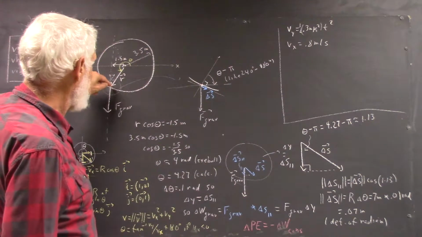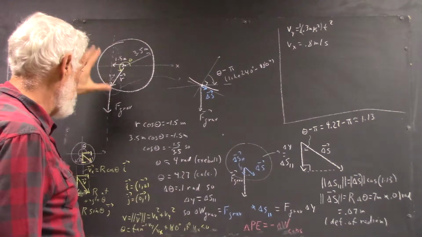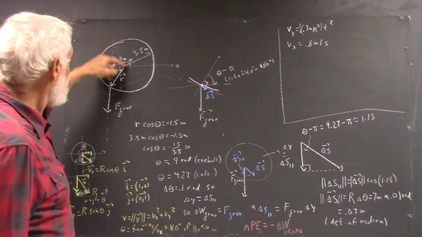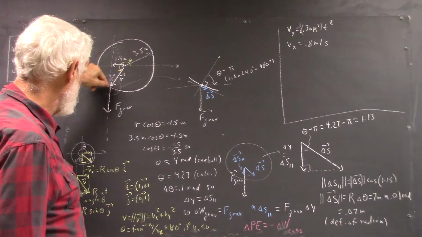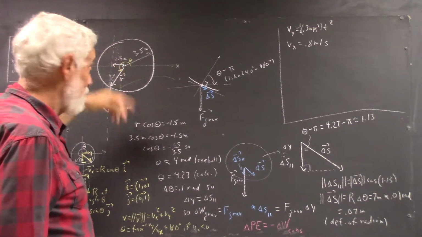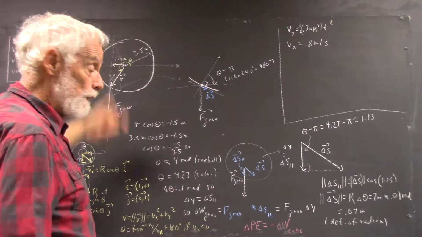Now this angle would coincidentally be about double this angle. That's not a general case. If it was 110 degrees here, you wouldn't have 220 degrees down here, you'd have 250 degrees. So the angle doesn't automatically double; 120 degrees coincidentally would.